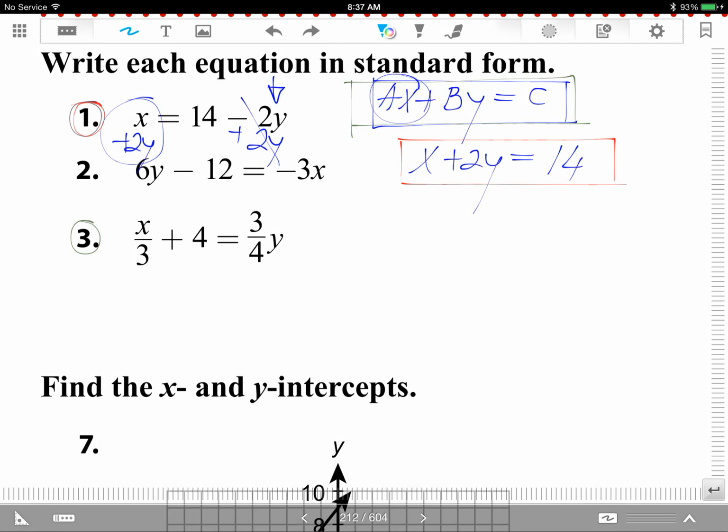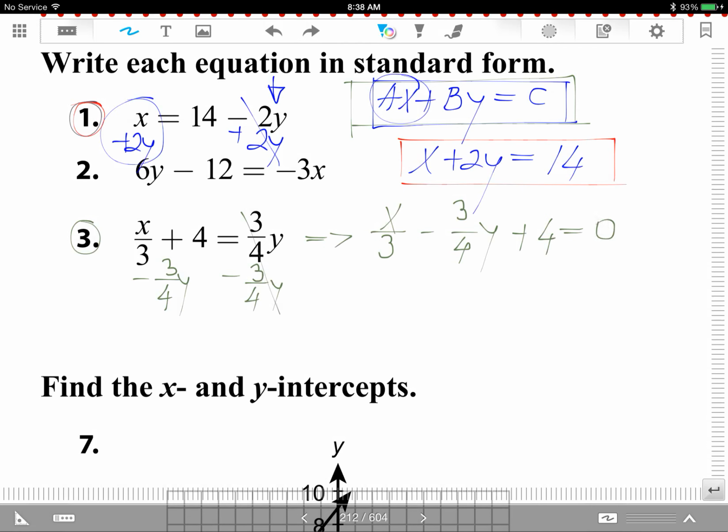I can move my 3 over 4 y from here by subtracting 3 over 4 y, and I will take away 3 over 4 y from the other side. Your equivalent expression will now be x over 3 minus 3 over 4 y plus 4 equals, well, here on the right side I have 3 over 4 y minus 3 over 4 y, which will be nothing, equals 0.